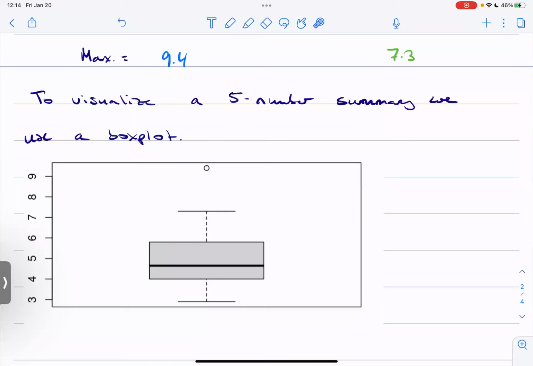Okay, remember, it's just a visualization of the 5-number summary. So here, this is the median. Then down here, we have Q1, and then up here we have Q3. Okay, and so the quartiles make up the box.